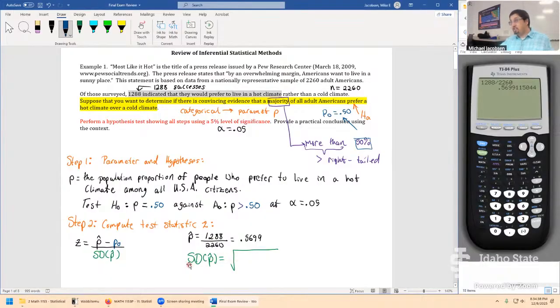But calling it standard deviation is a good reminder that you're actually using this value, p naught, times 1 minus p naught, divide by sample size, n. So we use the hypothesized value to calculate the standard deviation. So that means it's going to be 0.5 times 1 minus 0.5, then divide by sample size n, which is 2260.